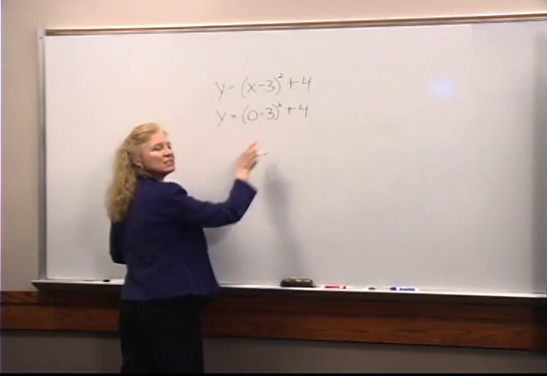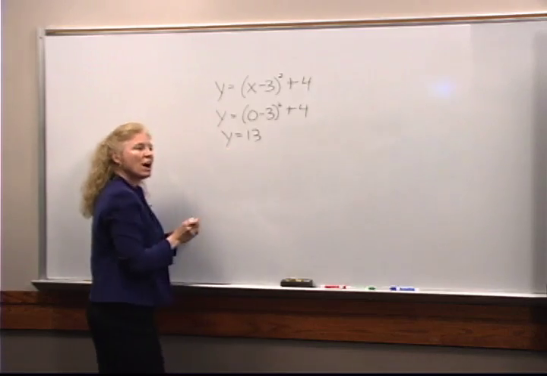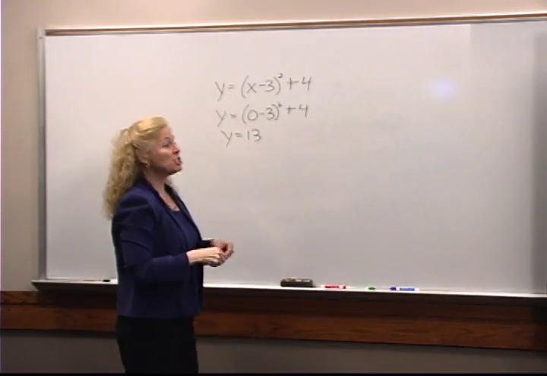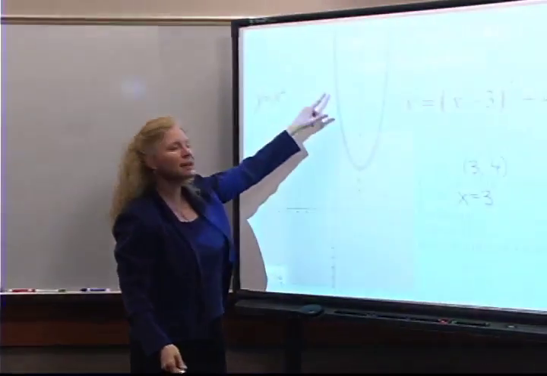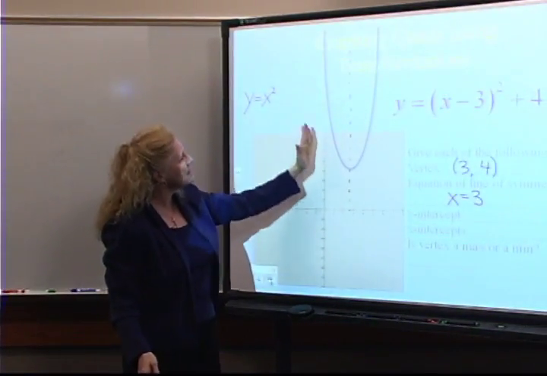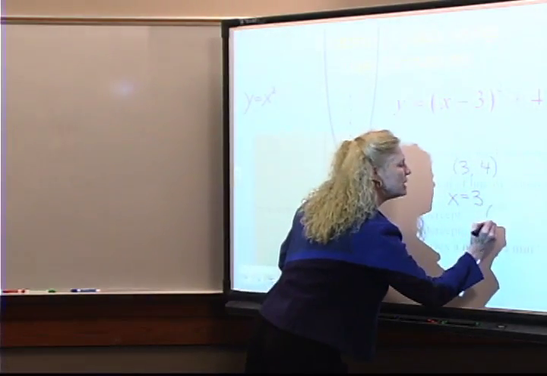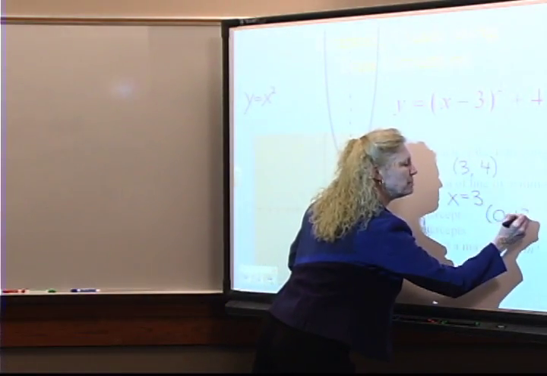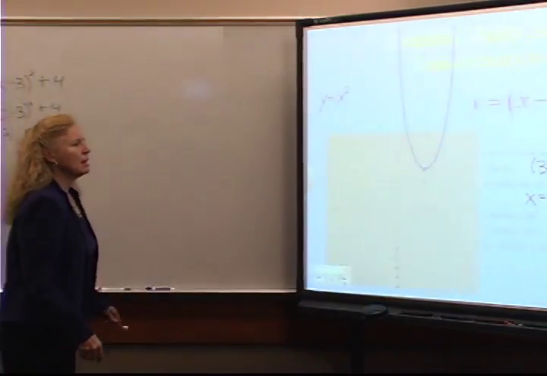That's 9 plus 4, 13. So my y-intercept is at 13. And that does kind of make sense with where this is sitting right now, because I can see it's going to cross my y-axis up there a little ways. Now, it's a good idea to always write your intercepts as ordered pairs.